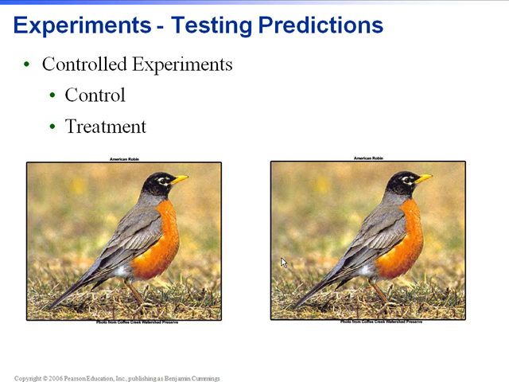So pretend the robin over here is the control group and the robin over here is part of the treatment group. Okay. What we try to do when we design an experiment is to have a situation in which the environments of the robins are exactly the same, except for one factor.